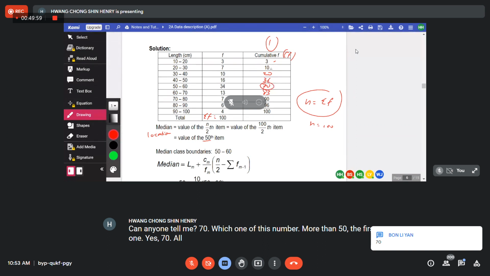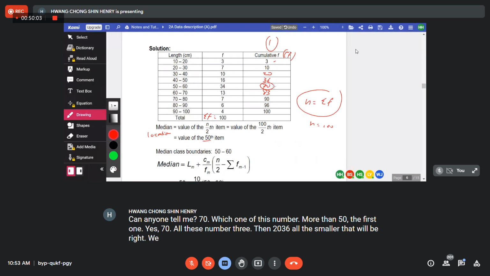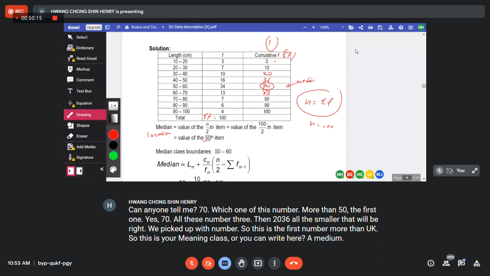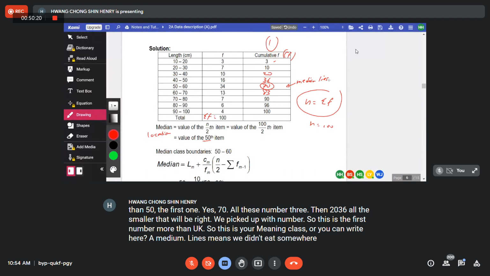All these numbers 3, 10, 20, 36, all are smaller than 50, right? We pick the first number. So this is the first number more than 50. So this is your median class. Or you can write here, median, lines, meaning the median is somewhere around in these lines here.